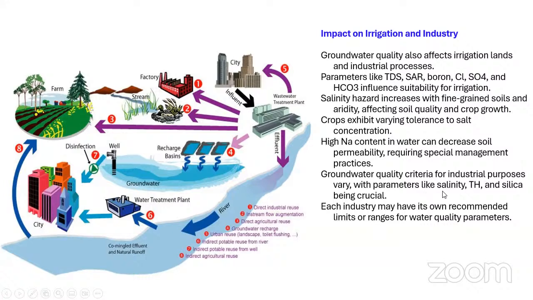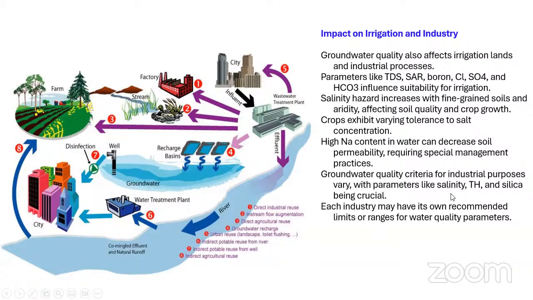So that's why they classify and monitor these water samples or groundwater samples. They may not be suitable, or may be suitable, for agriculture purposes, but they will monitor for industrial purposes.